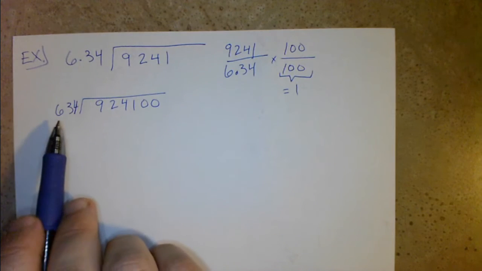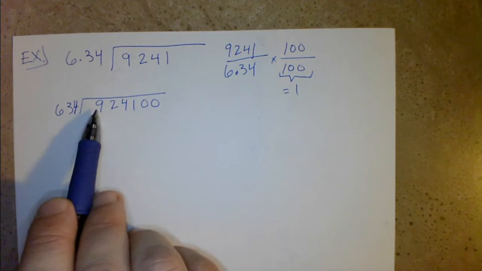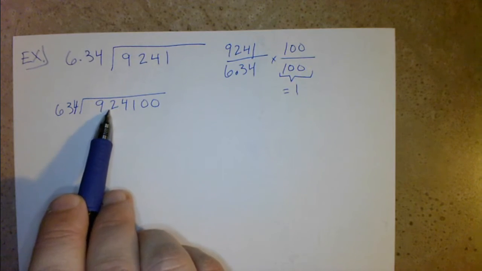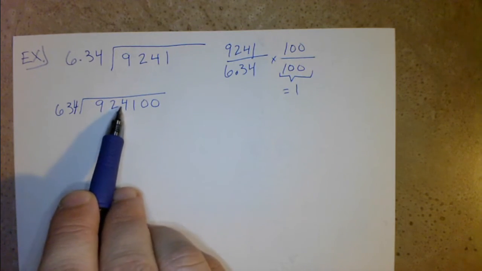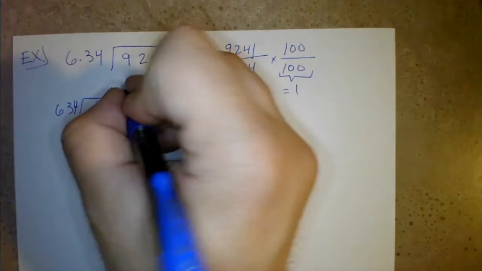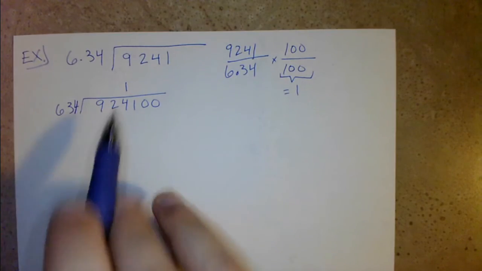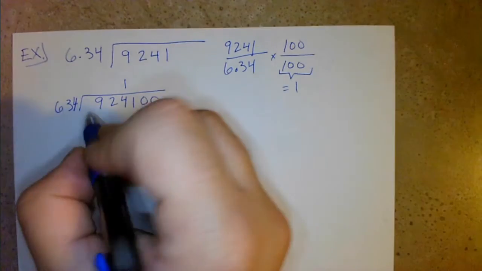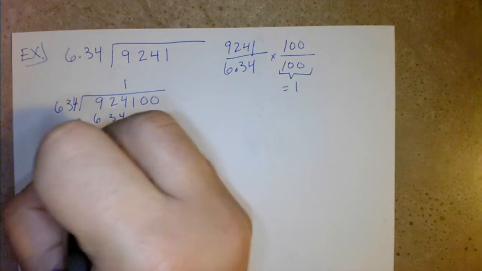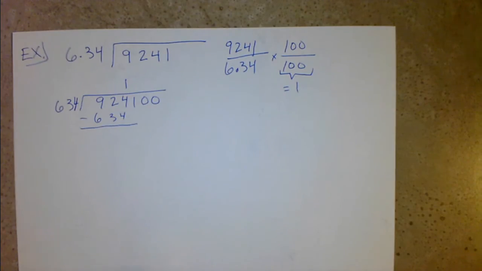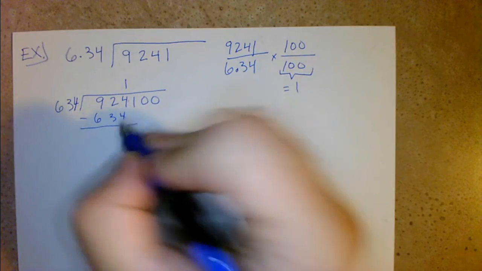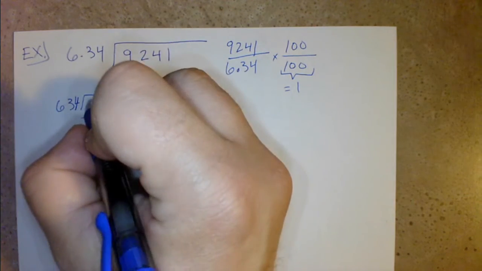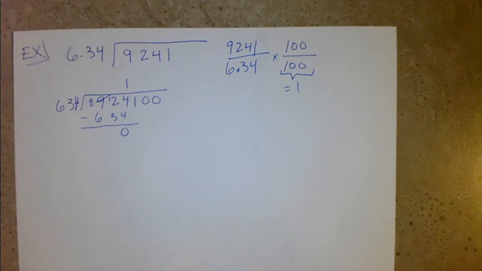So how many times does 634 go into 9? It doesn't. 92? It doesn't. 924? 1 time. 1 times 634 is 634. Subtract. 4 minus 4 is 0. 2 minus 3, I need to borrow a 1 from my 100 spot.